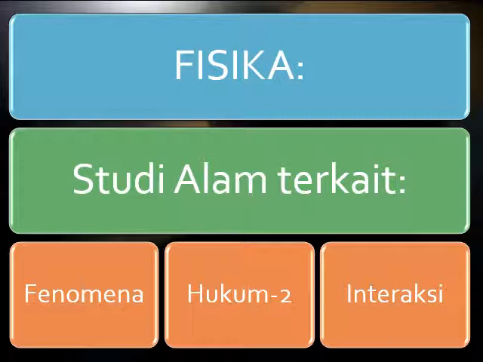They change from one form of energy into another form of energy. So this is a very, very general view about phenomena, physics laws, and their interactions.